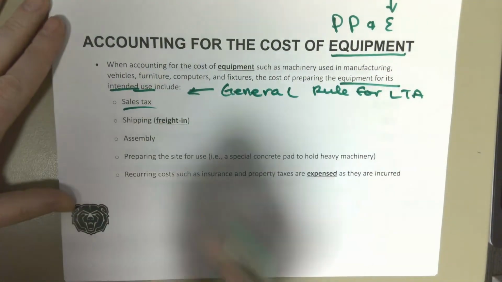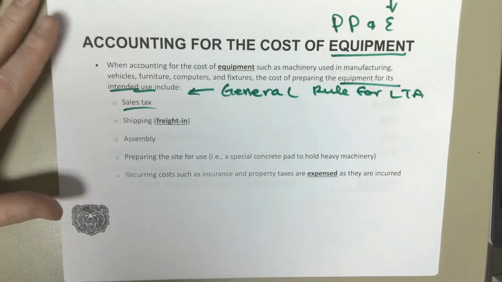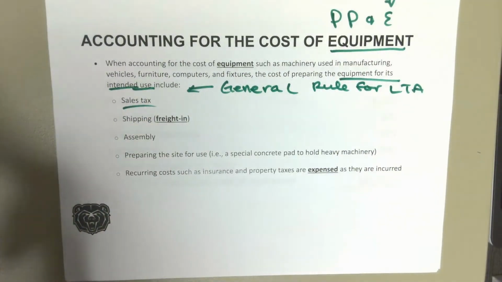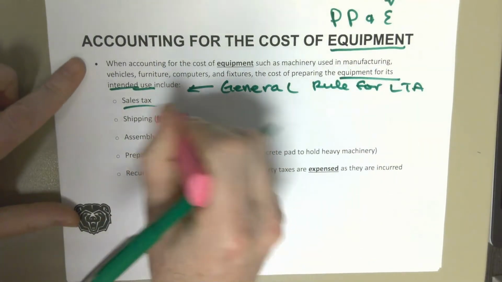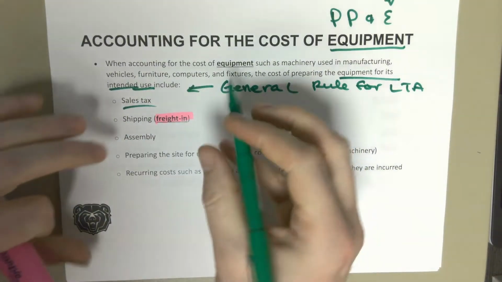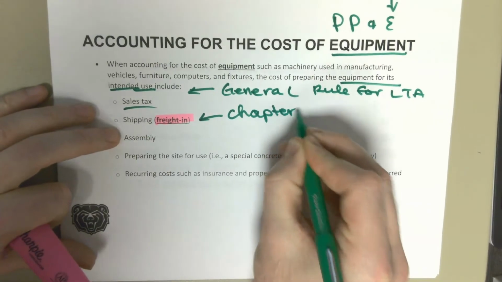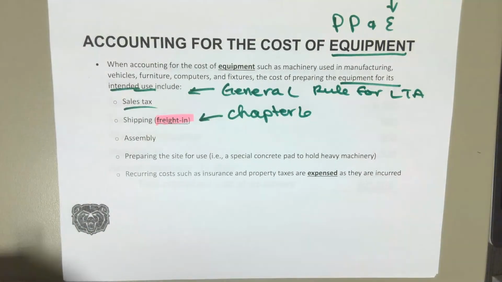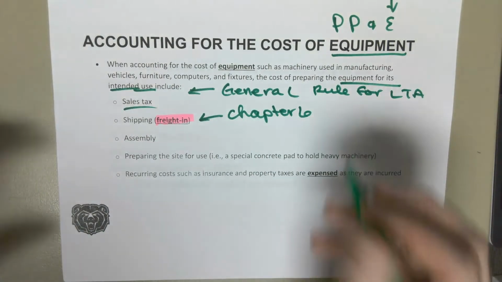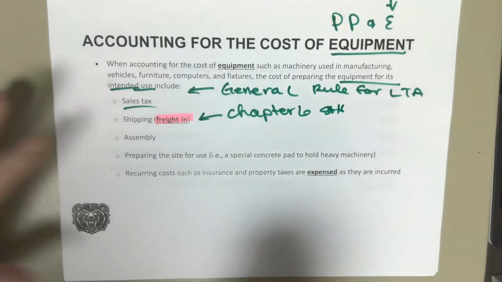These are things like sales tax. We have to pay the sales tax so we can use it, right? Shipping, this is what we talked about in the last chapter. This was freight in. Look back in chapter 5, chapter 6, if you're interested in learning more about freight in. Basically, it's your shipping and handling, your S&H.